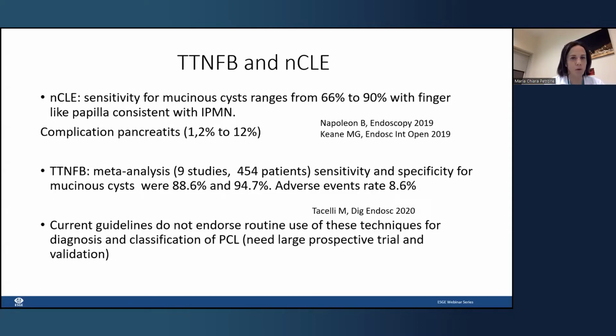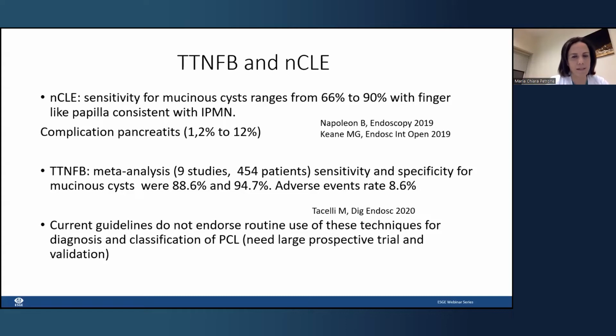About endomicroscopy, sensitivity for mucinous cysts ranges from 66 to 90%, with a complication rate that is not negligible. And about through-the-needle biopsy, a meta-analysis including about 500 patients was recently published, and sensitivity and specificity for mucinous cysts were very high, 89% and 95%.